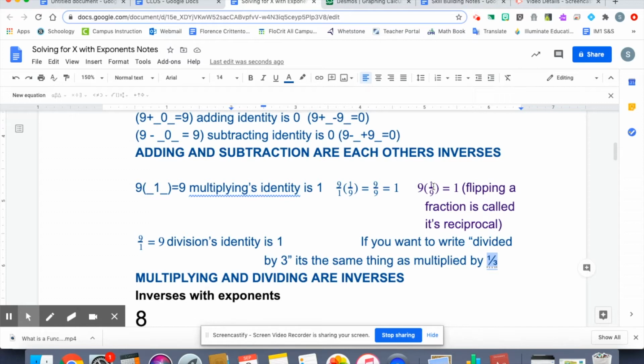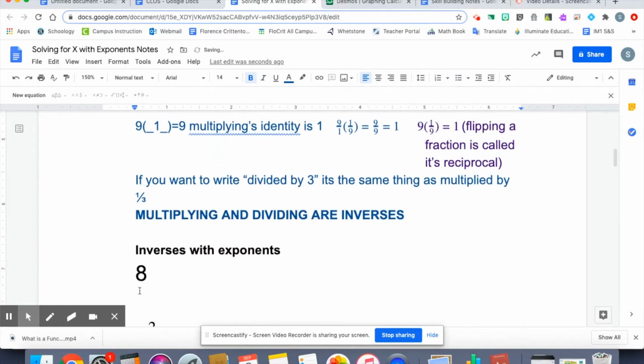Just like here, when I'm multiplying by the fraction 1/9, what I'm really doing is taking 9 and dividing it by 9, which is why it ends up being 1. So even though I'm multiplying by the fraction as my answer, what I'm secretly doing is saying divided by 9, which is why multiplying and dividing are inverses.